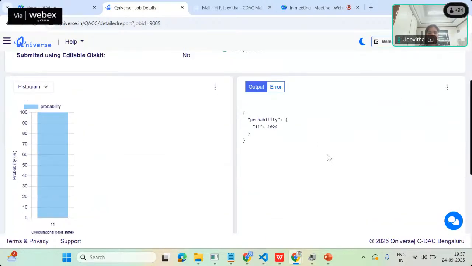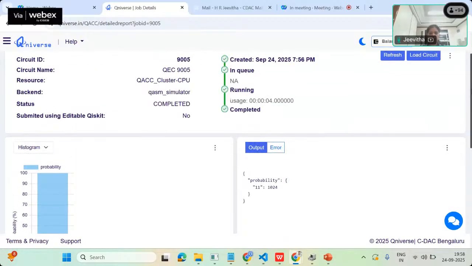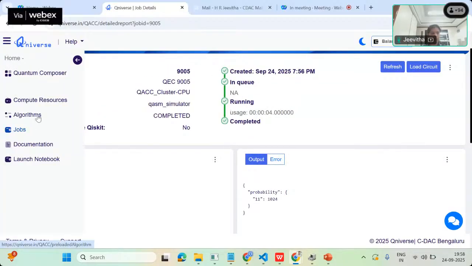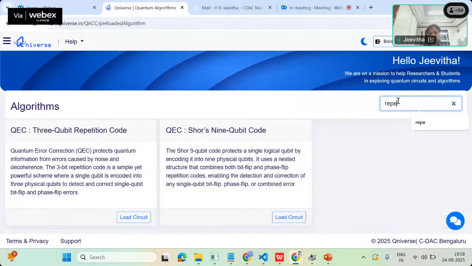This means that an error has occurred in the second bit. According to the table which we saw, 1 1 represents an error in the second qubit. Similarly, you can try out other errors as well.